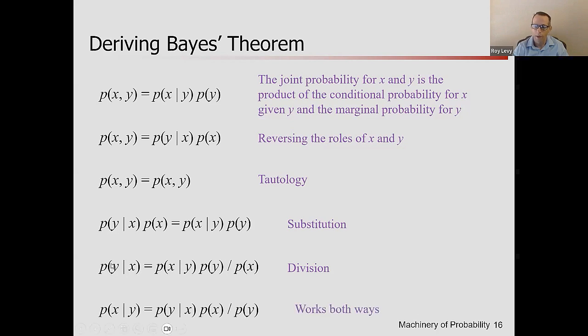Or if I wanted to isolate the other conditional probability here, probability of x given y, I would need to divide both sides by the probability of y. Here, probability of x given y is equal to the probability of y given x times the probability of x all by itself divided by the marginal probability of y all by itself. This is Bayes' theorem. We have now derived Bayes' theorem, and we did it on one slide.